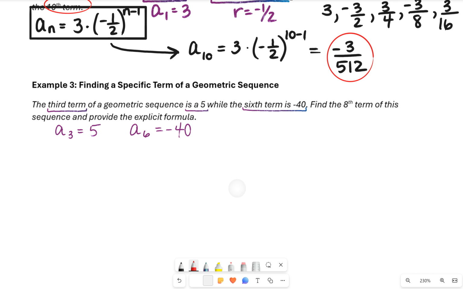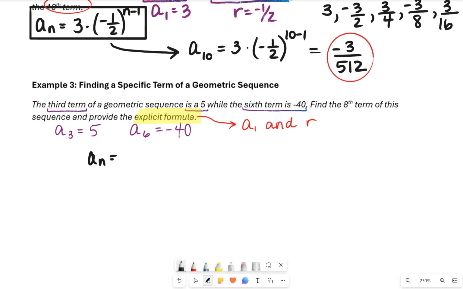So again, if you are looking for the explicit formula, you must find A1 and R. If it was arithmetic, you'd say A1 and D, okay? A1 is not given to us, R is not given to us, so let's go find it. So I'm going to use my AN formula.